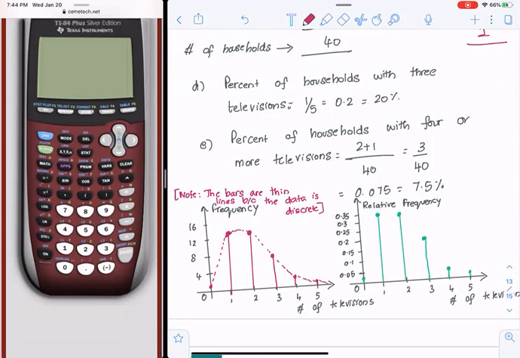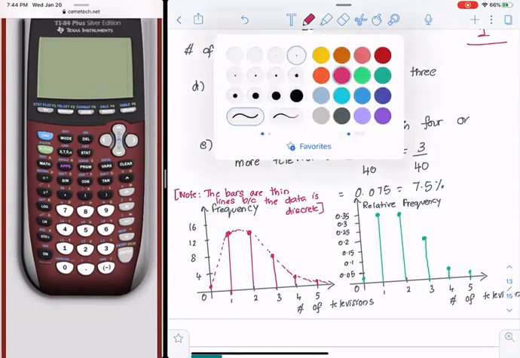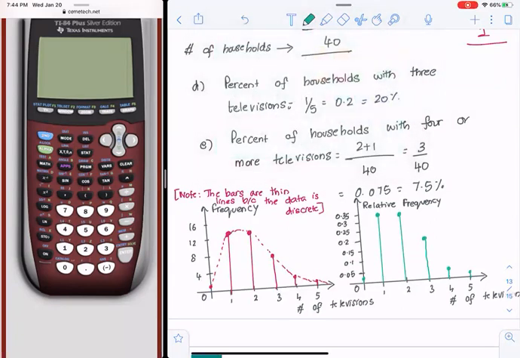And eventually it goes to 0. And over here, the relative frequency, when I connect the dots, that's what I get.